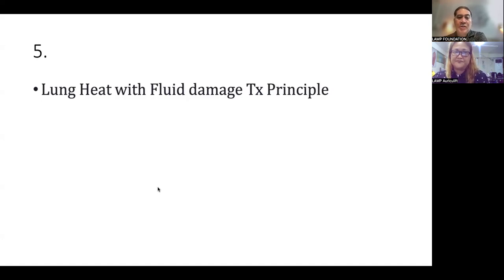Okay, what's the treatment principle for lung heat with fluid damage? The principles: clear the lung heat, nourish body fluids, support the lung function, balance the kidney.